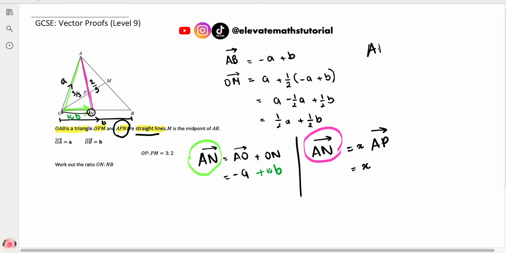So AP is going to be minus a plus, we know the vector here, which is 3/5 of OM, and OM is now coming in handy. It's a plus the half b.